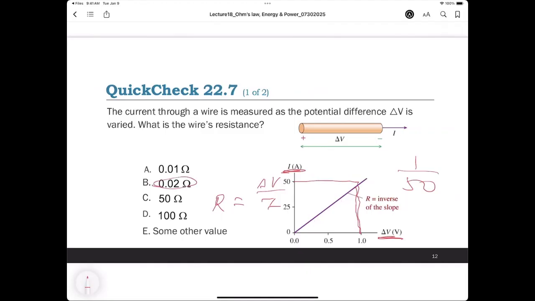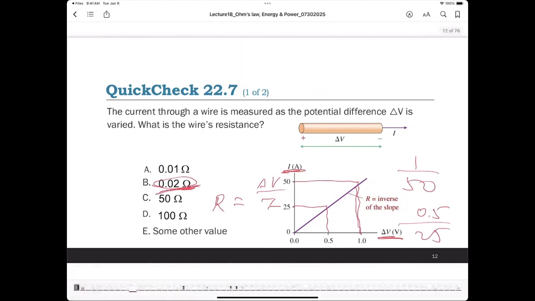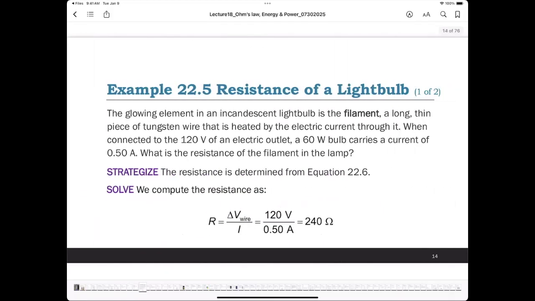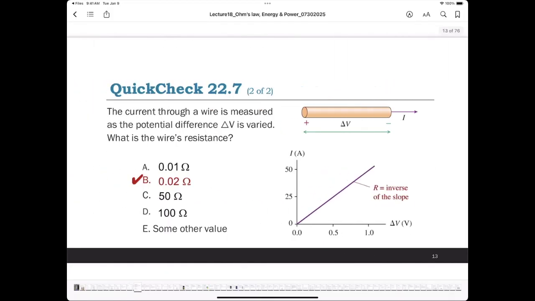Actually, you can also use this one, 100 divided by 25. It is also this value, which means the resistance is 0.02 ohm. This is the inverse of the slope.